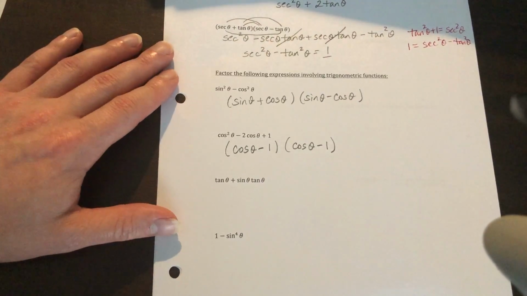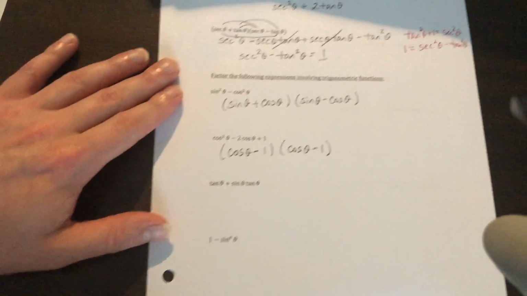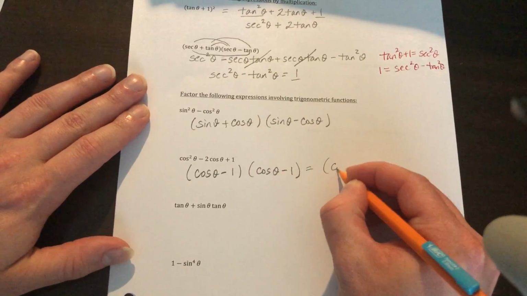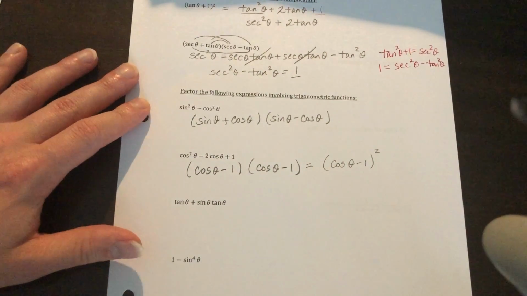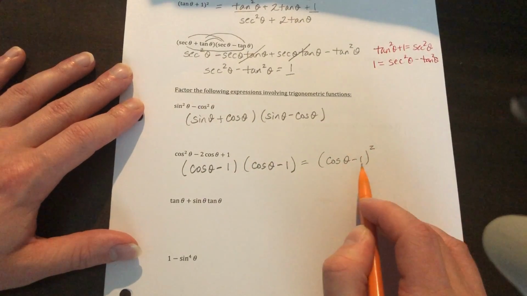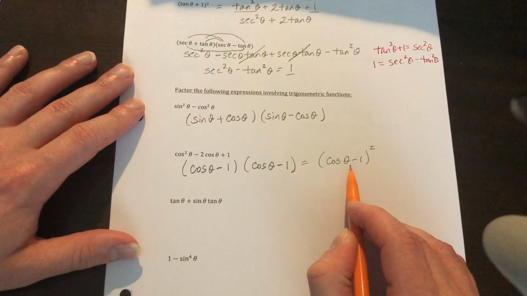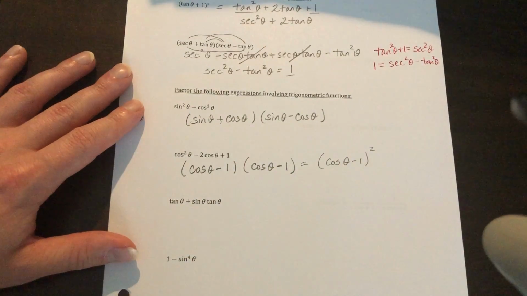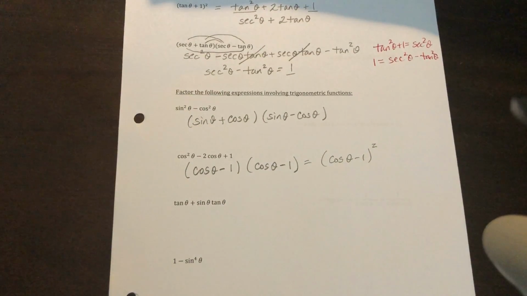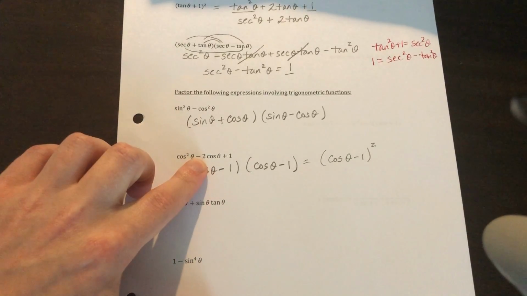Or you can write it down like this. That little trick I just taught you: square the first, take the 2 in the middle and double it, which means multiply by 2, and then square the last term. If you can start recognizing those patterns, your life will be a lot easier, especially if that middle term is doubled.